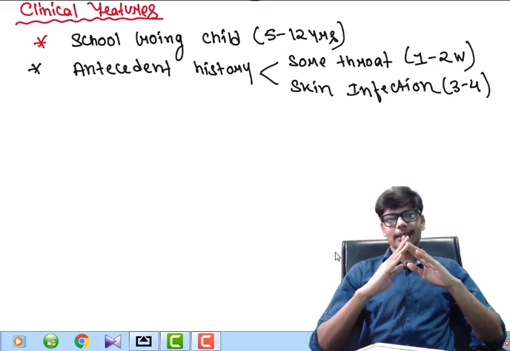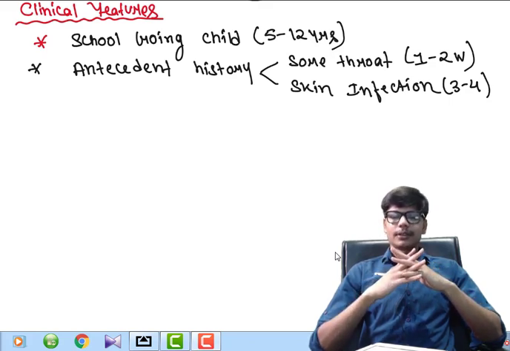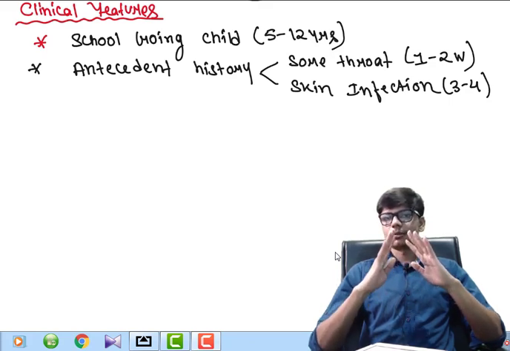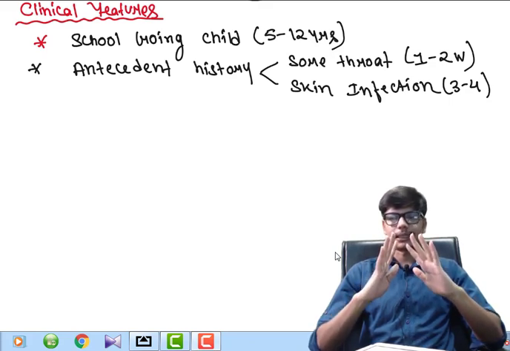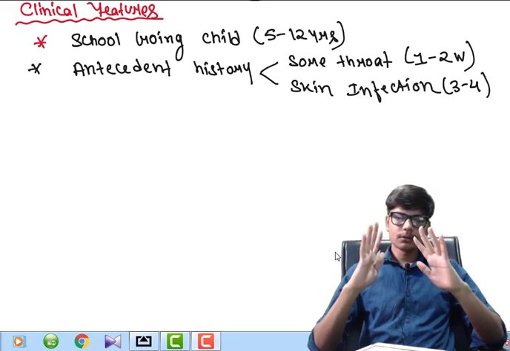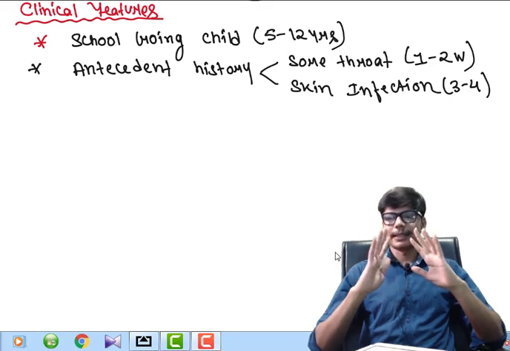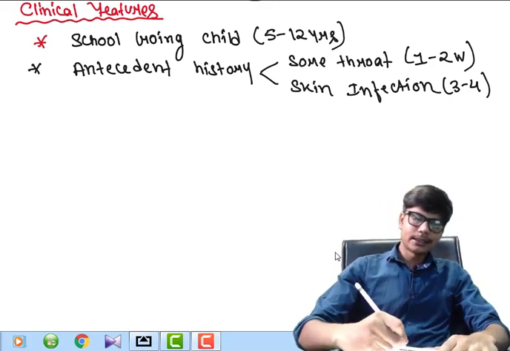So sometimes there may be no history of sore throat or skin infection. After that, the antigen antibody complex is deposited and there is glomerular damage, which results in hematuria.